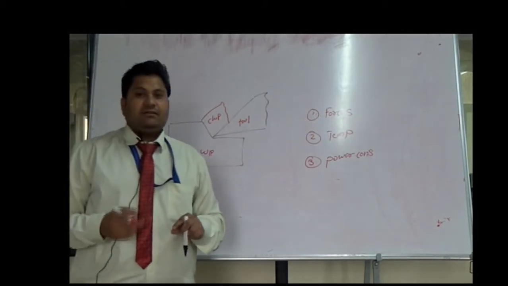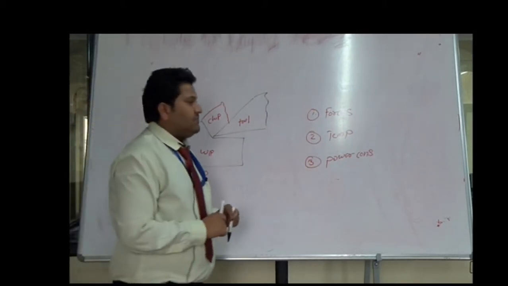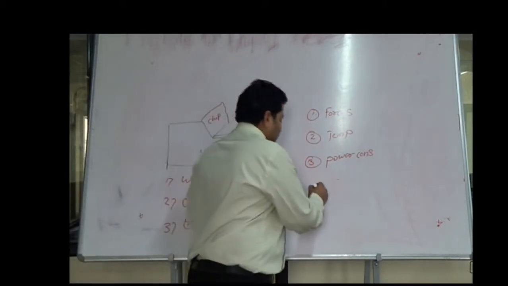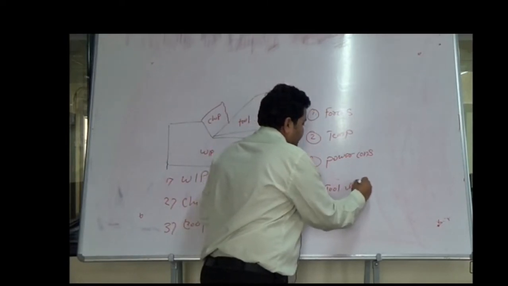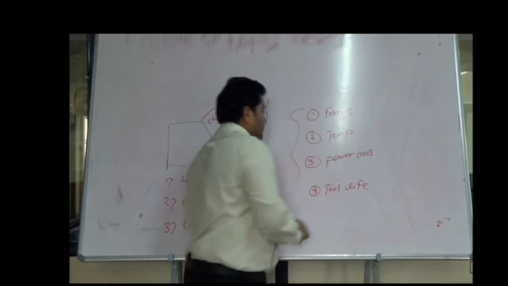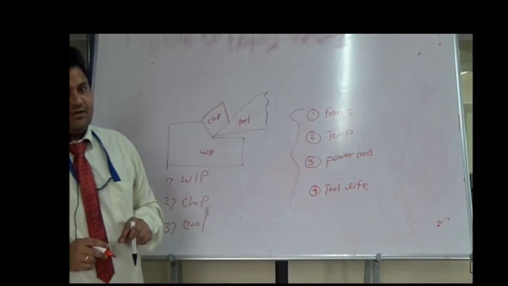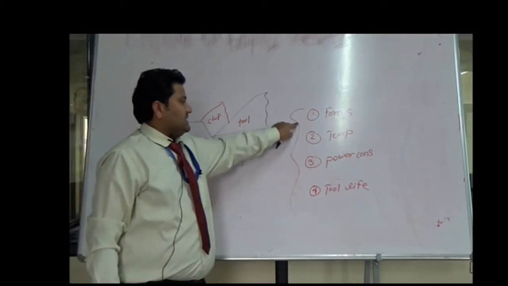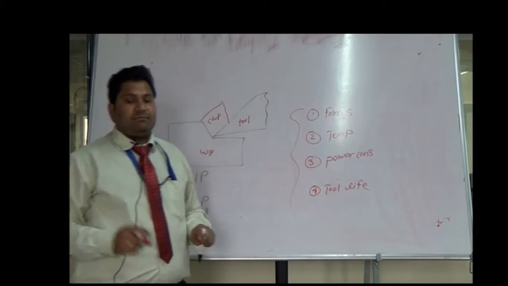And the fourth one is the life of the tool. This is very important. So for these four parameters you have to do the analysis of machining. If you calculate these forces, temperature, power consumption and tool life, you will definitely do good machining.